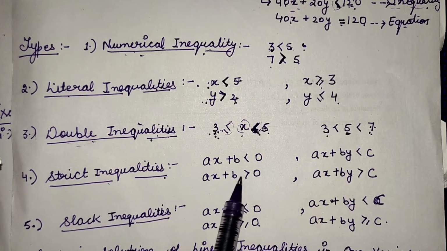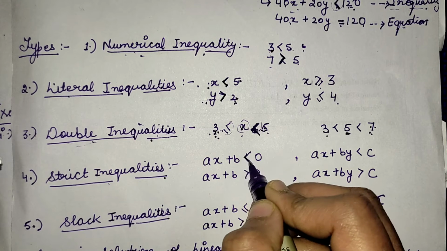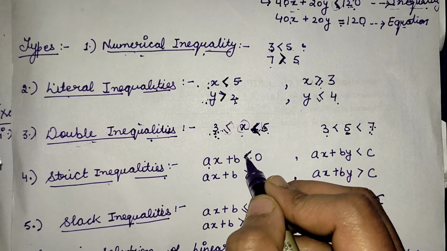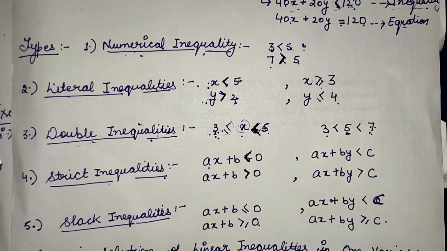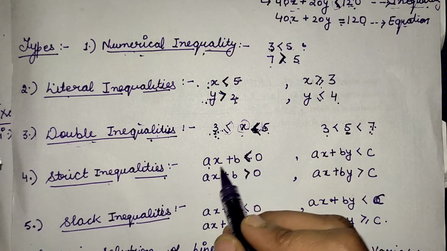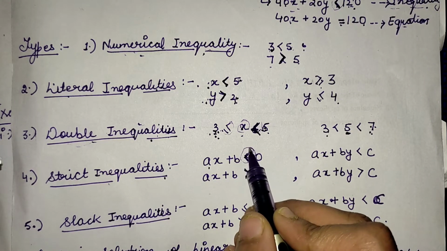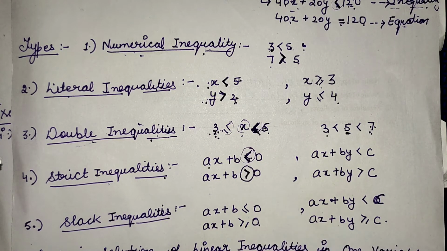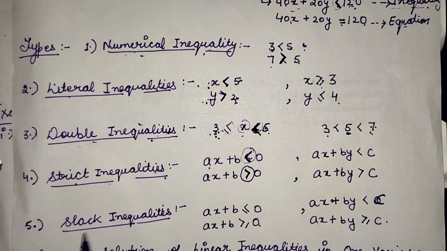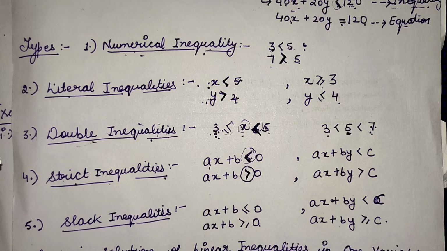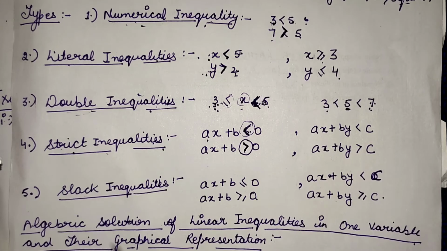Next is strict inequality. Strict inequality is one in which only the symbols of less than or greater than are used. Means they are strictly either less than 0 or strictly greater than 0, right?